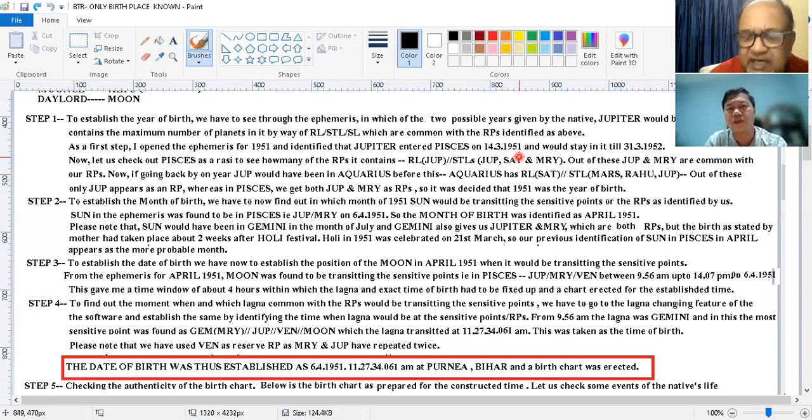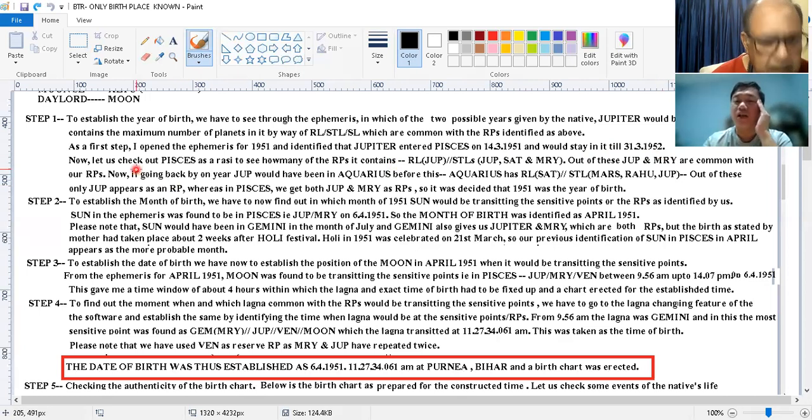And it is going to stay in Pisces for the entire year 1951, and would stay in it till 31/3/1952. This is from the ephemeris, I could see that it is going to be there from 14/3/51 to 31/3/1952. So the choice we have to make is between 1950 and 51, not 52.